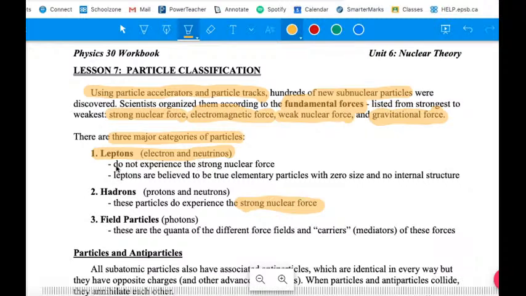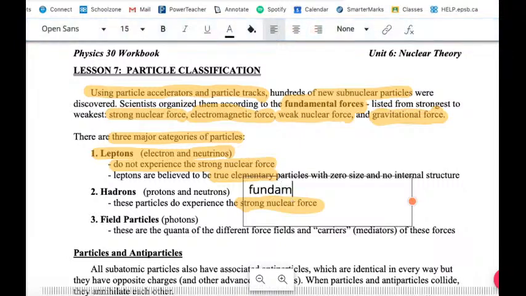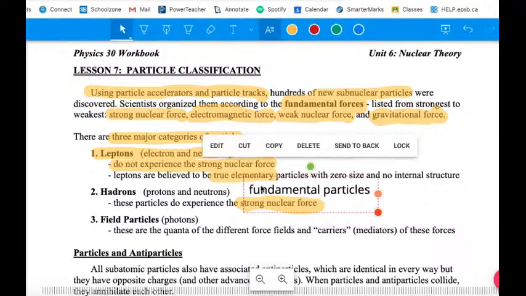They do not experience strong nuclear force. They're not bound to the nucleus. They don't experience that strongest fundamental force. They are true elementary, or another way to call that would be fundamental particle. So protons and neutrons, we'll see in a minute, aren't actually fundamental particles.